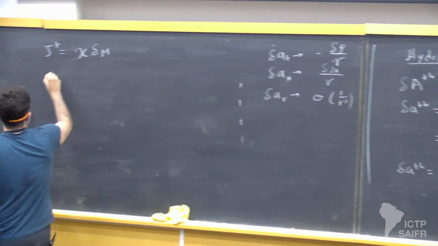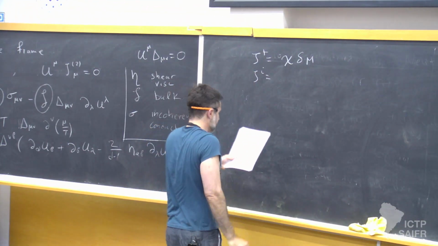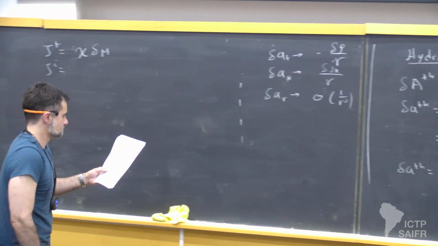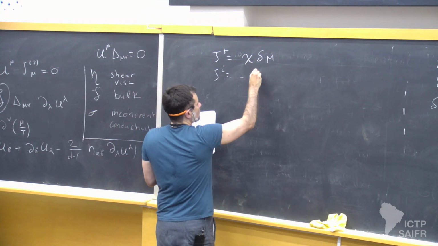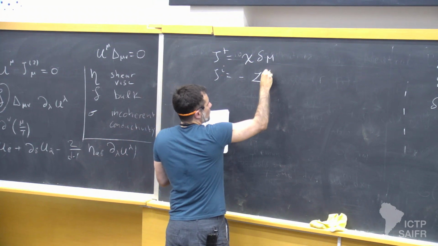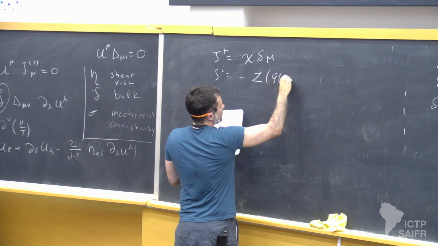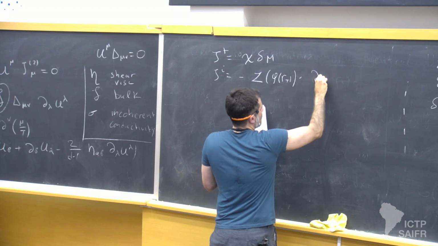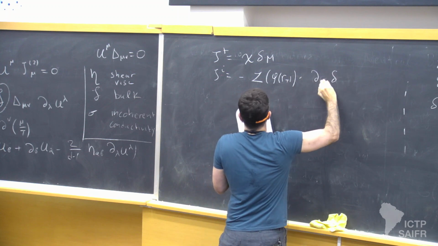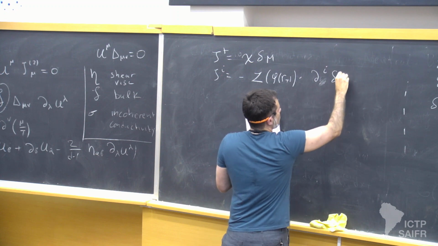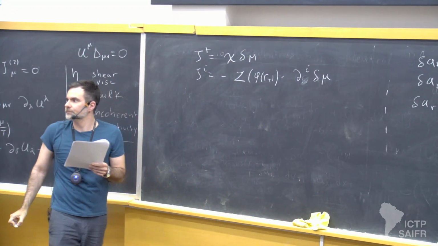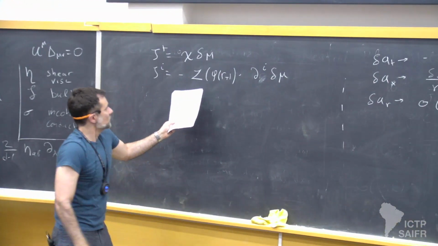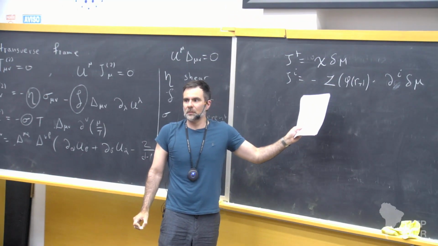For the transport current, the first correction you will find is minus Z as a function of phi evaluated at the black hole horizon, times the ith derivative of delta mu. Now, this is exactly what you wanted to see to read off sigma.